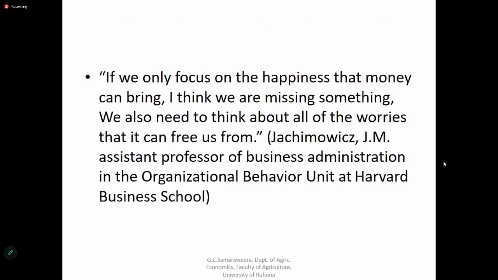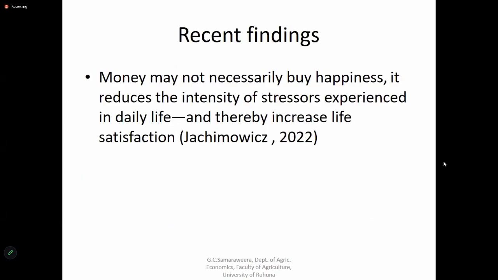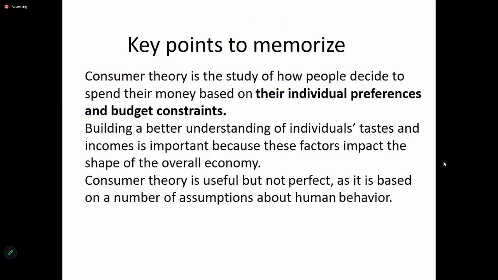You can read, and some research findings are given. The recent findings are also given. Money may not necessarily buy happiness, but happiness reduces the intensity of stress. So these are normal points. Key points to memorize: consumer theory is the study of how people decide to spend their money based on their individual preferences and budget constraints.